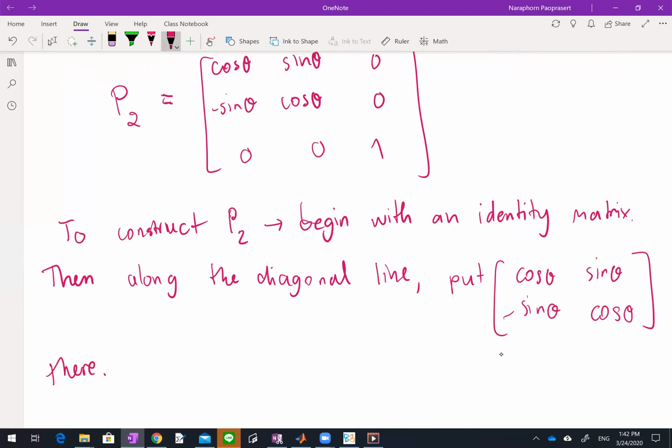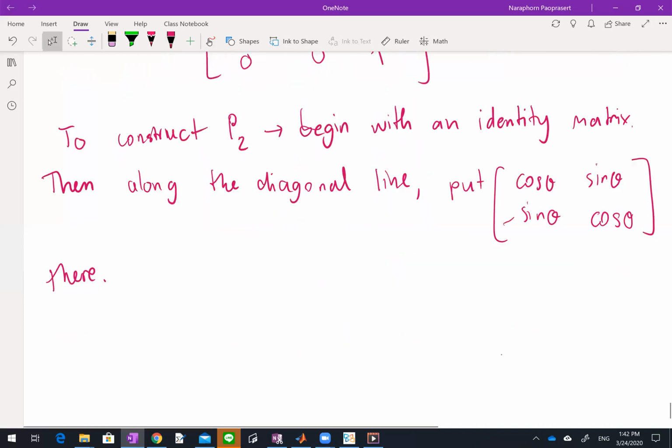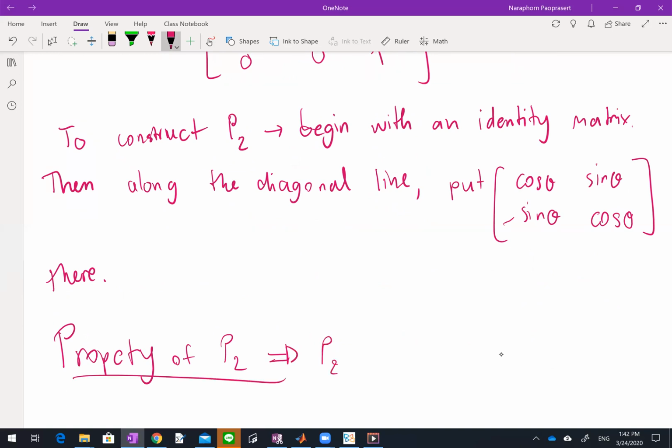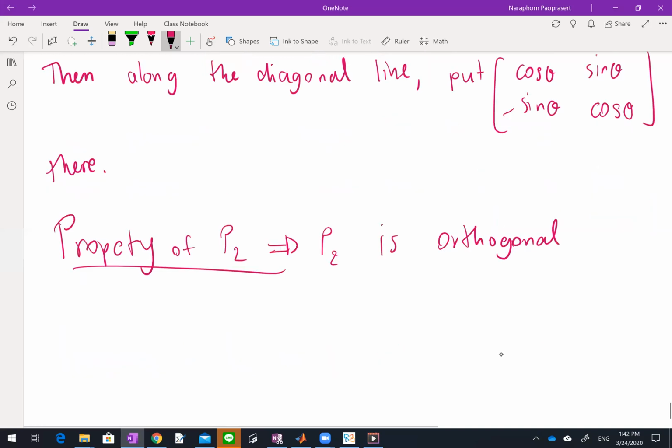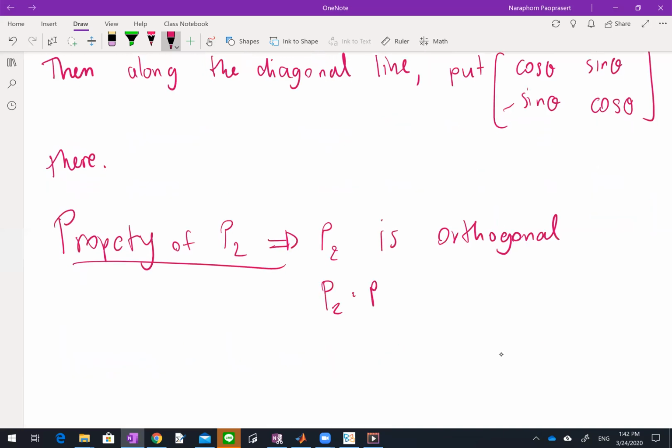Okay, let's see, first the property of P2. P2 again is orthogonal. So when P2 is orthogonal, then P2 inverse equals P2 transpose.